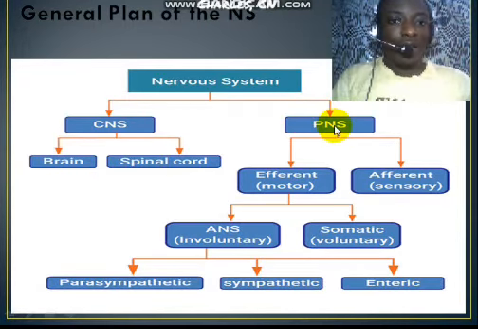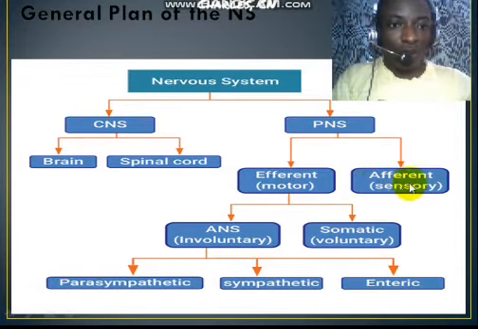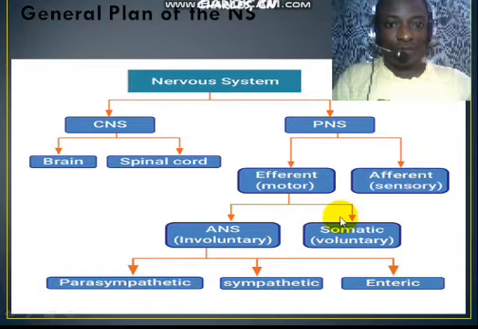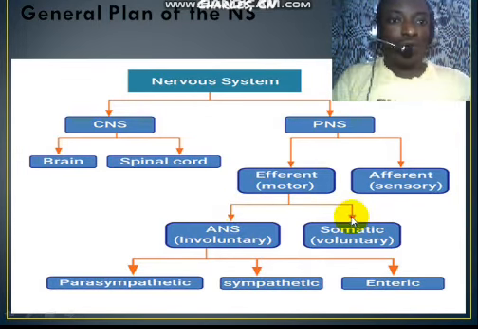whereas the PNS is divided into two main parts, the efferent neuron, also known as the motor neuron, and the afferent neuron, which is also called sensory neuron. The efferent or motor part of the PNS is subdivided into two major parts.